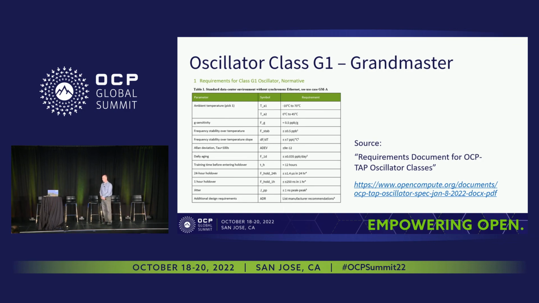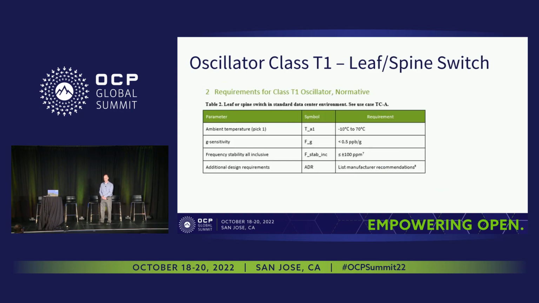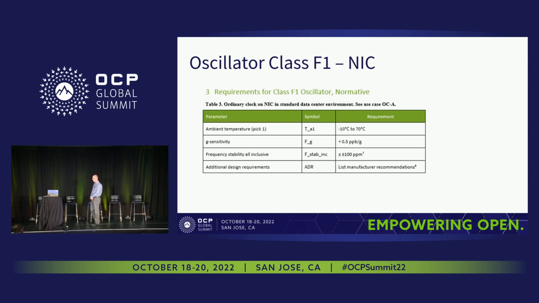So that is well defined for the Grandmaster because that's a super accurate application. When it comes to class T1 or F1, the accuracy is sufficiently loose, and we didn't get a requirement from the community, so we don't have anything specifically spelled out for that. But if you want to introduce that for a particular application, we'd love to hear from the community.